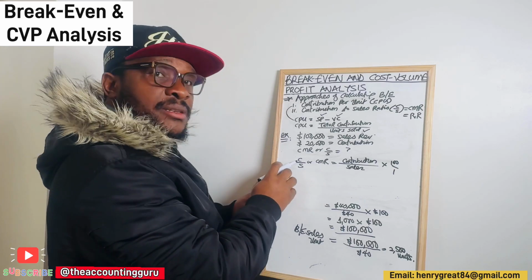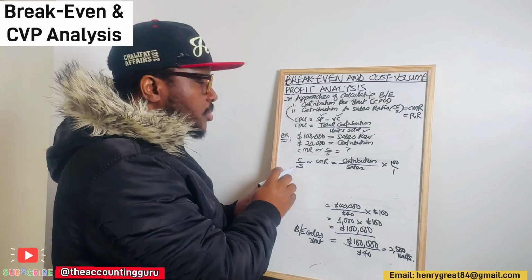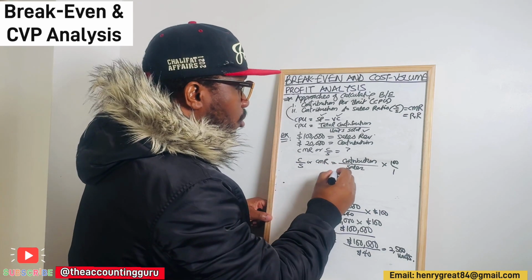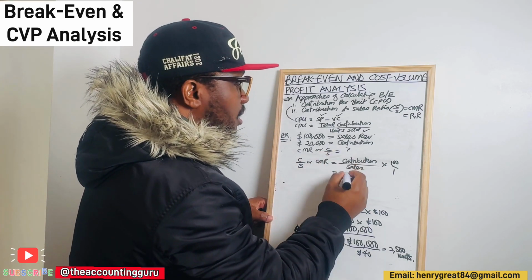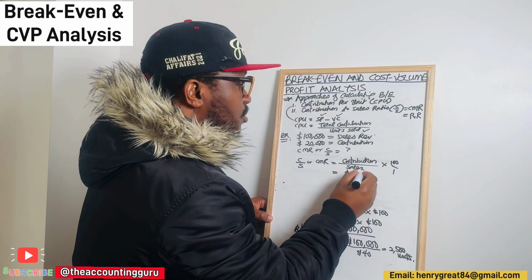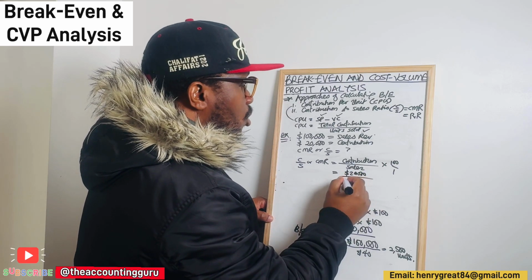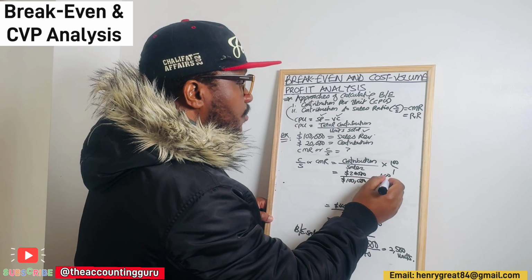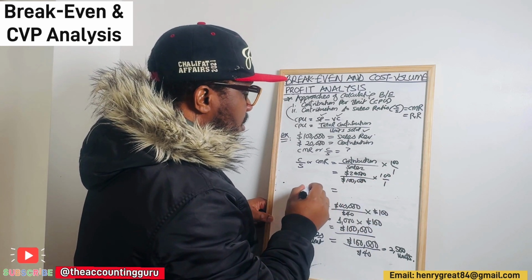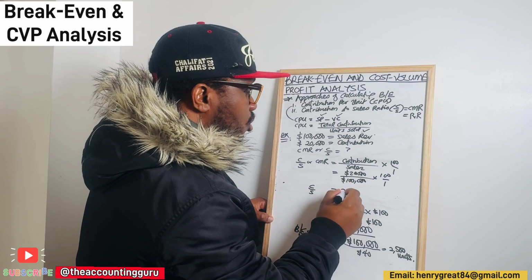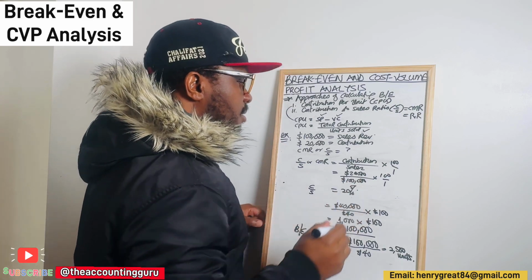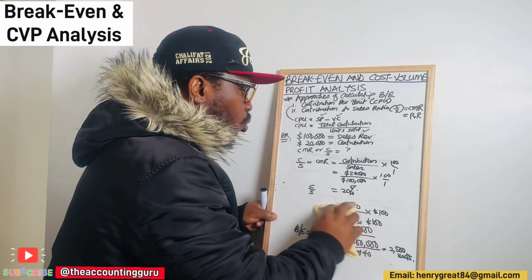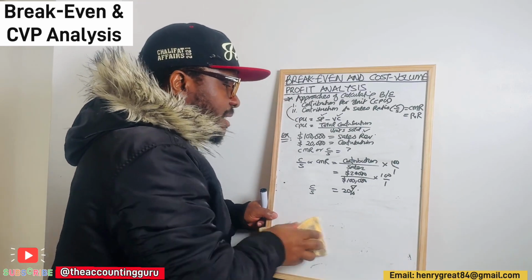So the C numerator is contribution, the S denominator represents sales. Do you understand? Therefore, what is our contribution? Our contribution here, the numerator, is $20,000 all over $100,000 times 100. Something tells me our C over S is 20%. Is it clear? 20%.